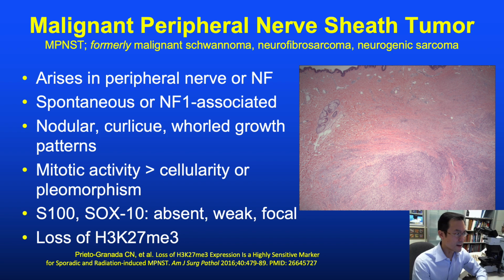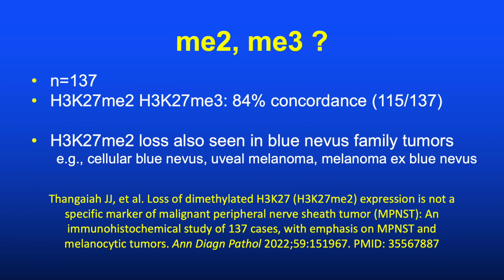I can never remember that. But if simply remembering the name wasn't complicated enough, a subsequent study showed or suggested that loss of dimethylated rather than loss of trimethylated H3K27 might be a more specific diagnostic marker for MPNST.